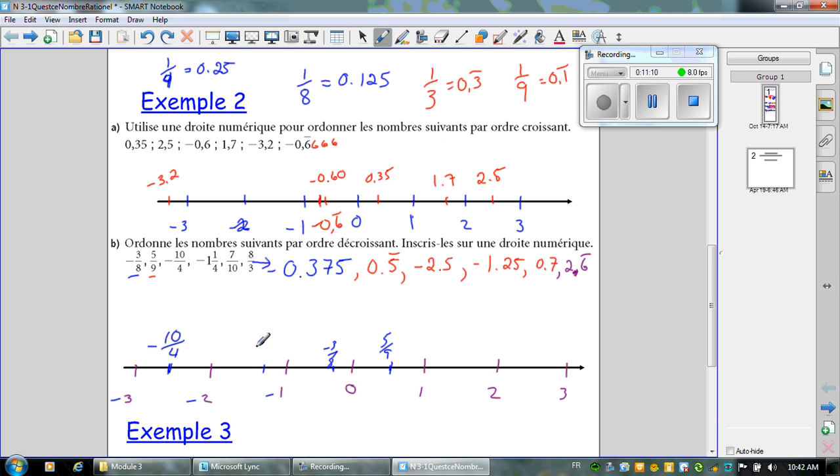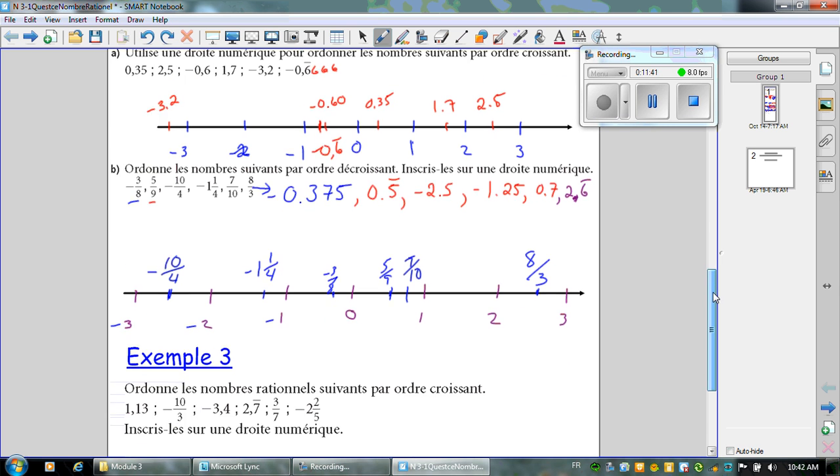So this would be -1 and 1/4. 7/10 would be here. And 8/3 would be here. There you go. So the idea is just to change them into decimals and then place them on the number line.